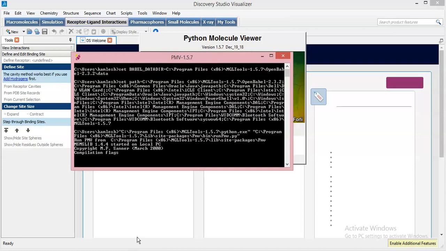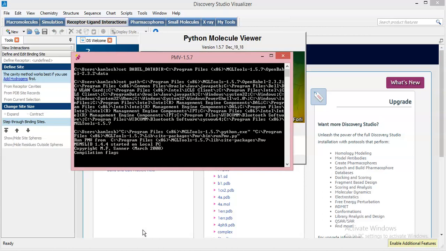Okay, so today we are going to take one example of protein preparation. Here I am going to take glycogen synthase kinase as an example, which is an enzyme required in the metabolism of glucose.